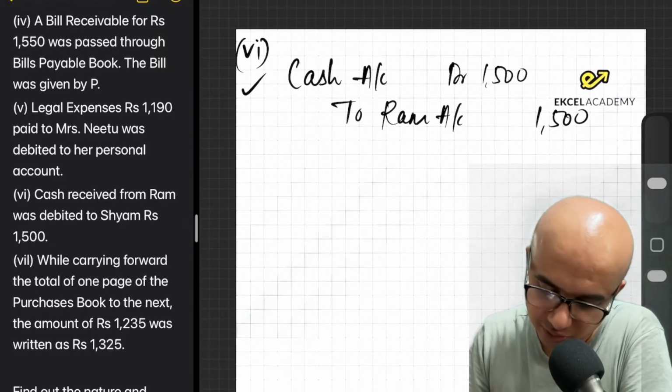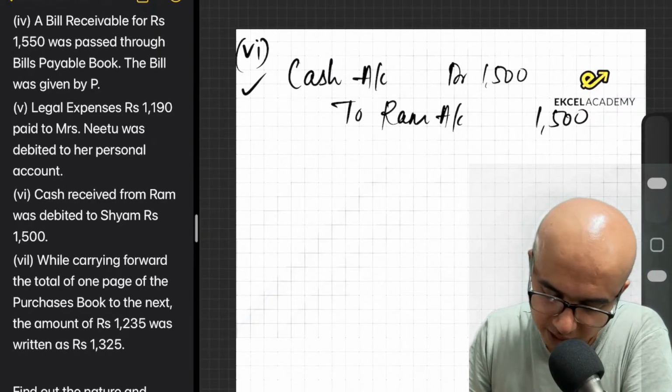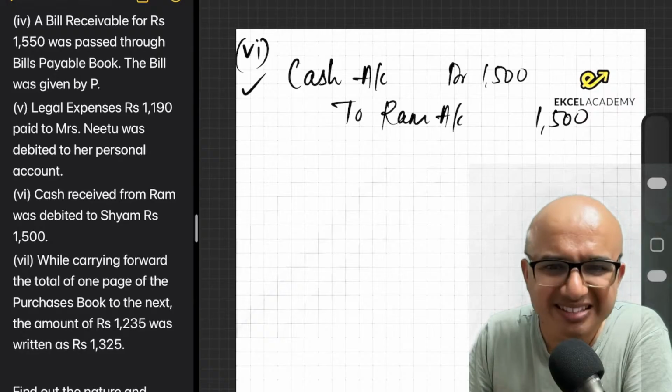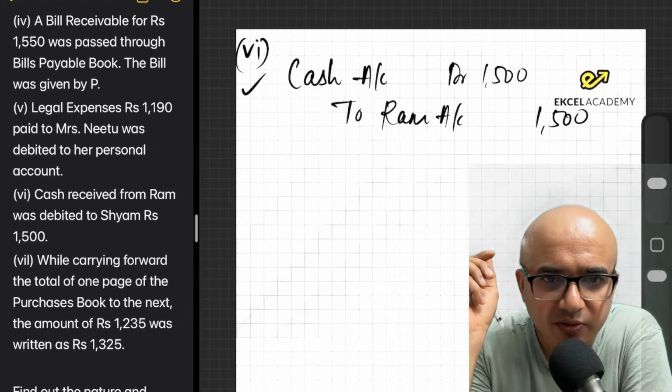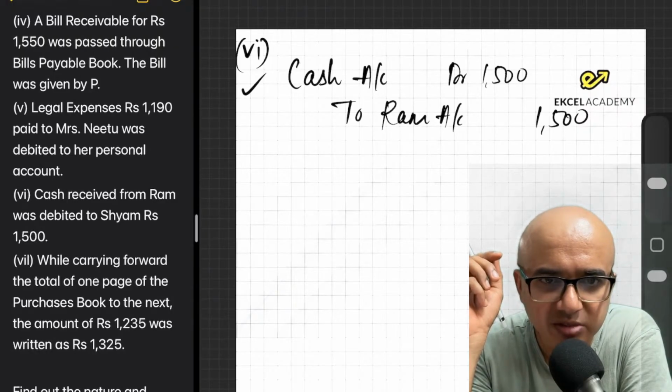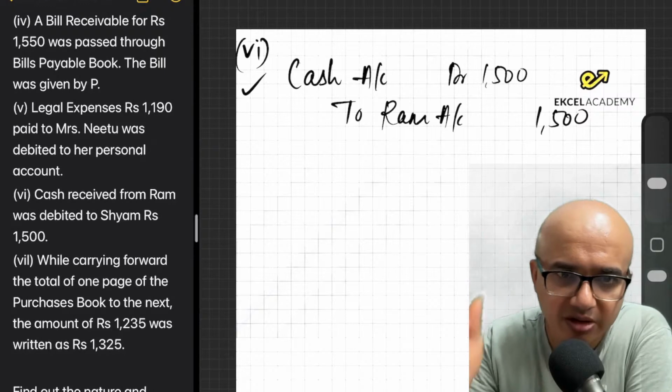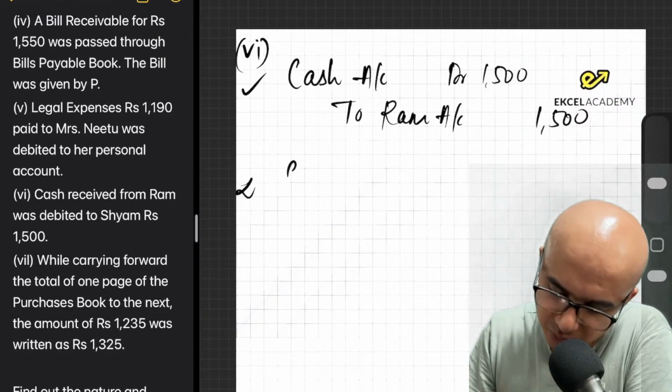This is the entry which they should have recorded. What have they done? Is it a posting error? Nowhere in the question have they mentioned that it is a posting error. If they had mentioned it as was posted to the debit of Sham's account, then we would have realized it's a posting error. Here they have made the mistake while recording itself. So that means they posted Sham's account.